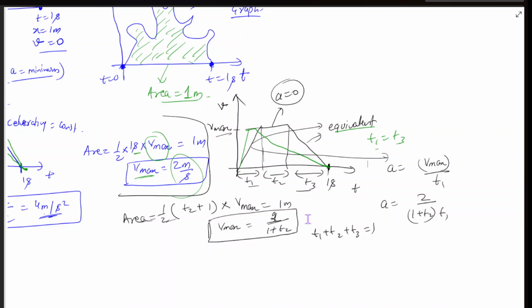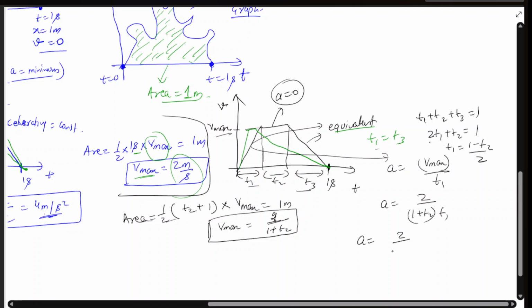So 2 t1 plus t2 is equal to 1. So t1 will be (1 minus t2) divided by 2. So if I put here, acceleration will turn out to be 2 upon 1 plus t2, and t1 is (1 minus t2) upon 2, right? So acceleration will be 4 upon 1 minus t2 square.